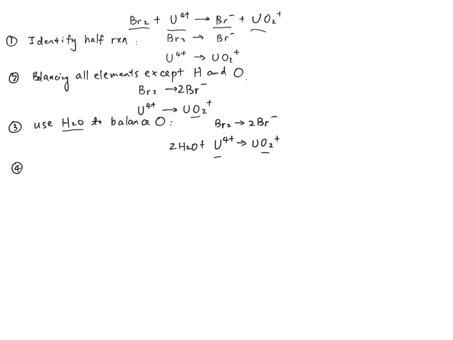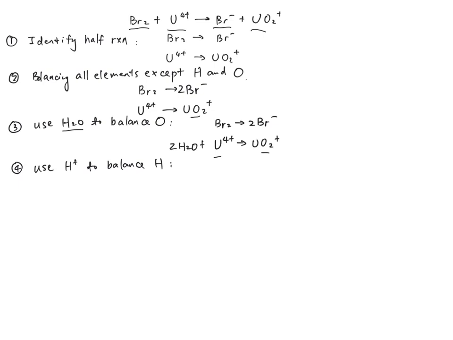Step number 4, use H plus to balance hydrogen. Now, by adding water into the second equation, you're also introducing hydrogen into it. And those hydrogen obviously need to be balanced.